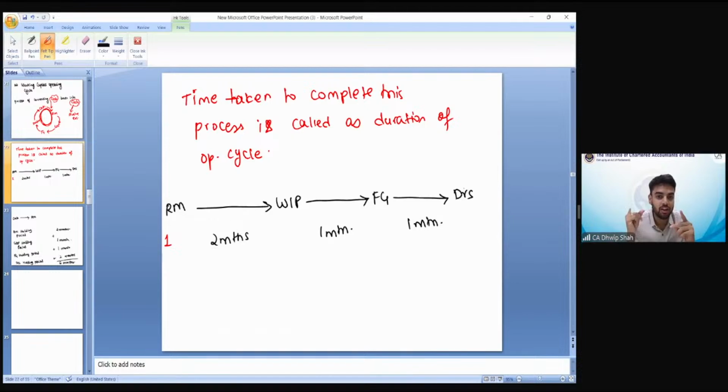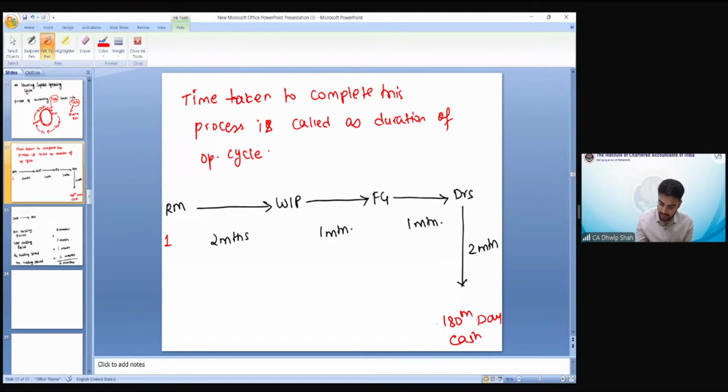So my duration of operating cycle period is 6 months. So my amount gets blocked in my working capital cycle, or my amount gets blocked in rotation, for 6 months. Understood? Duration of working capital cycle. Yes or no? And then after 180th day, 6 months means after 180th day, I receive cash.